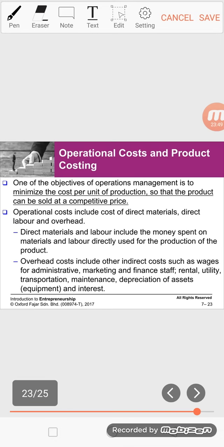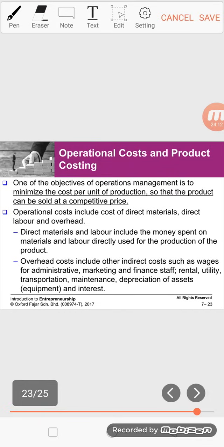Minimize the cost per unit of production so that the product can be sold at a competitive price. That's true. So being an entrepreneur in the world of business kan, so profit tu is something that we want, something that we intentionally want.